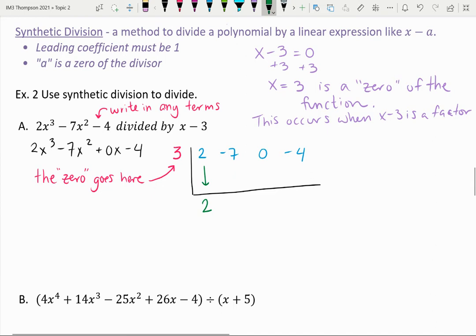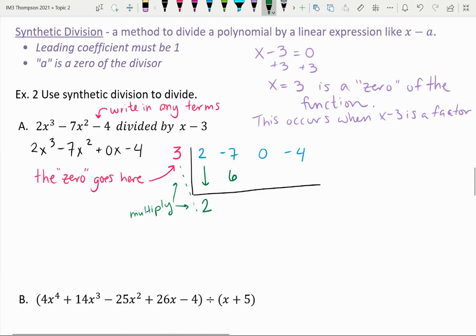So I'm going to multiply 3 times 2, which gives me 6, and I write it in this spot here.